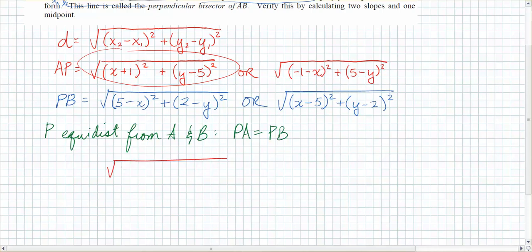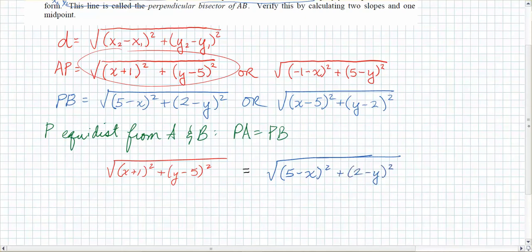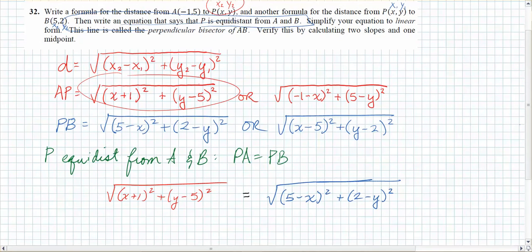So I'll say root of x plus 1 all squared plus y minus 5 all squared equals, and then I'll pick a blue one here, and it doesn't matter which one you pick. I'll pick the first one, 5 minus x squared plus 2 minus y squared. Okay, so that's an equation that says they're equidistant, because it says PA and PB are the same.